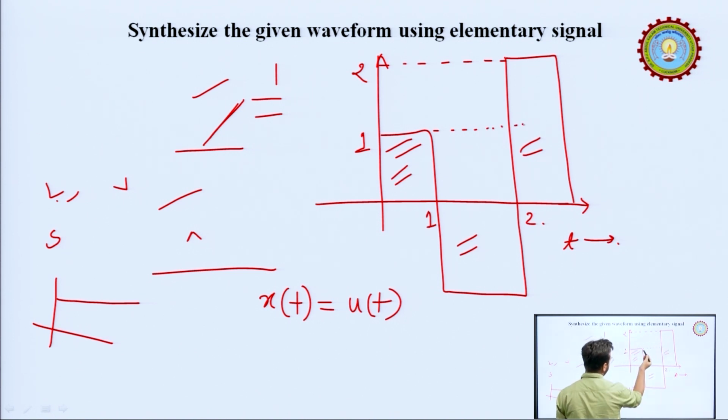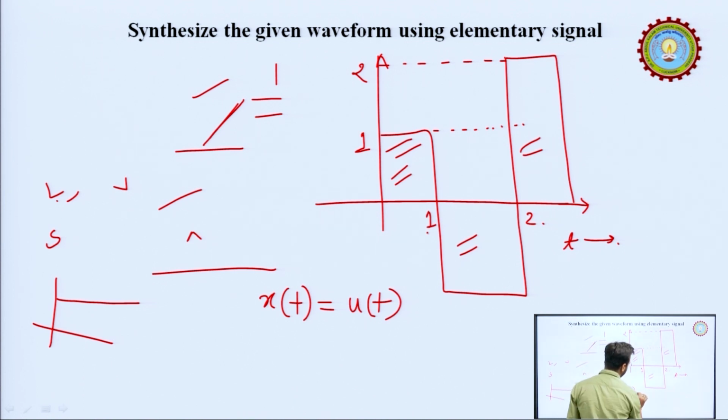But we have to terminate this unit step at 1. So how can we do that? If we add a minus unit step at 1, then we can stop it at 1.